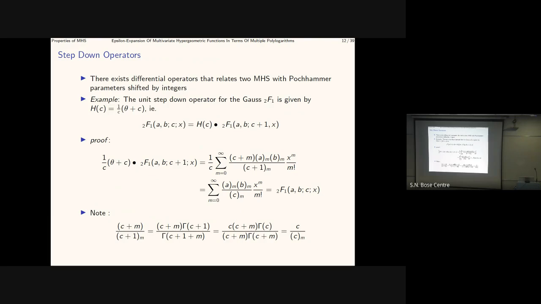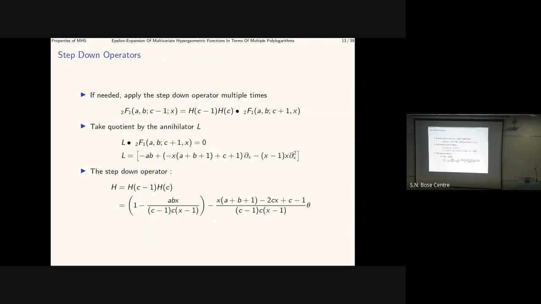If you do that, you essentially get the 2F1 again. If you want to apply this procedure more than one time, for example, to reduce the parameter in the denominator by 2 units, you apply this operator twice.